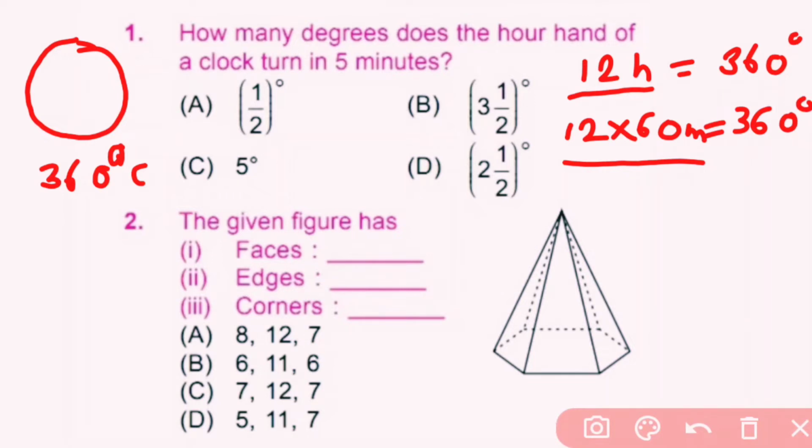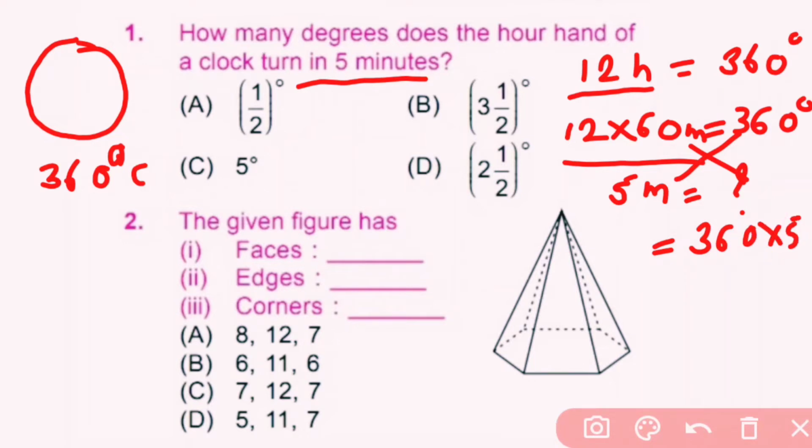Then we want to find out the angle for 5 minutes. So 5 minutes is equal to what? We do cross multiplication here: 360 into 5 divided by 12 into 60.